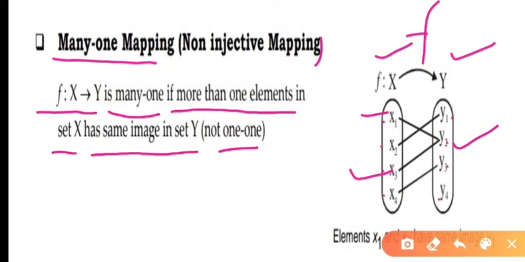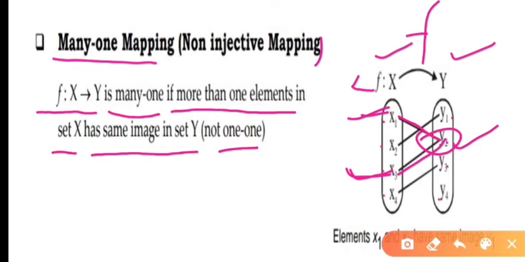Our definition says a function f from X to Y is many-one if more than one element in set X has the same image in set Y. y2 is the same image for x1 and x3. Got it? It is not one-one. When two elements from set X have the same image in set Y, we can say it is a many-one function, or many-one mapping, or non-injective mapping.